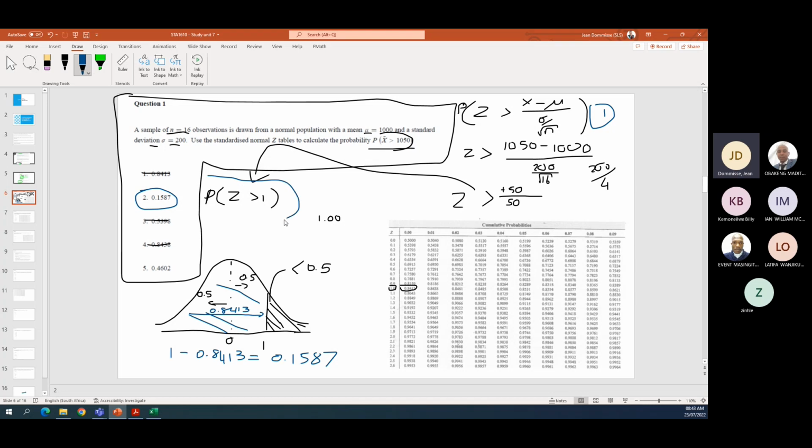We get the calculated Z. From the Z, we go to the probability table to get the probability, depending on what we're looking at. We take it as is, or we need to say, well, I need to subtract it from 1 to get the smaller area. Okay, so very similar to study unit 6.